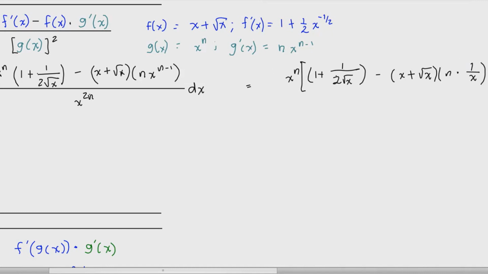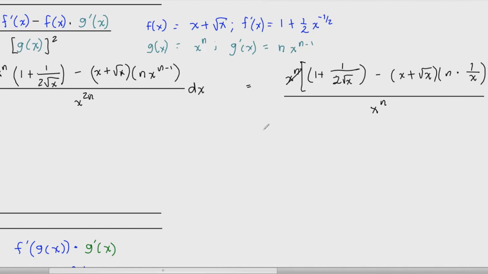Then we divide this by the denominator, which is x to the 2n. In this case we can cancel out n here, so that we'll be left with n alone. And then we can just distribute this latter term.